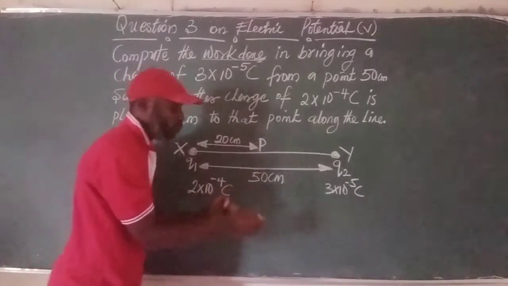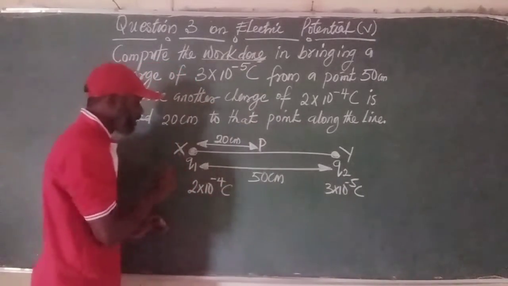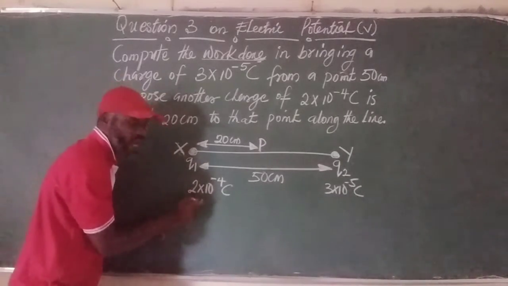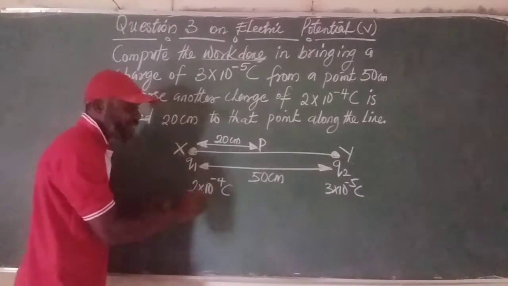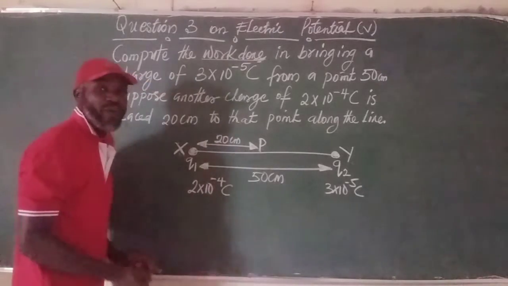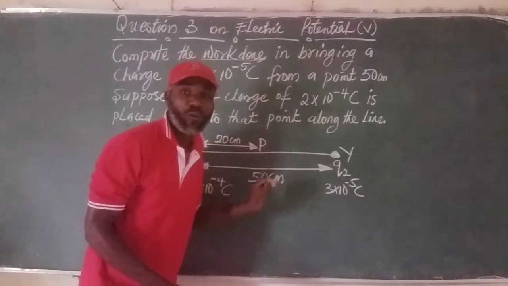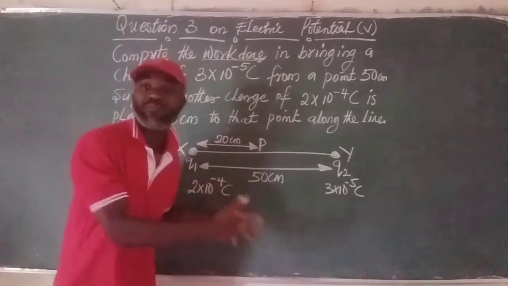After which, we now find the potential at X due to the same charge, Q1. By the time we finish resolving this, we now apply the formula for work done to evaluate the remaining aspect of the question.